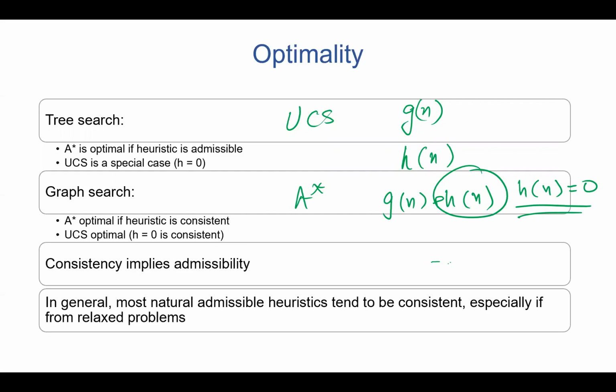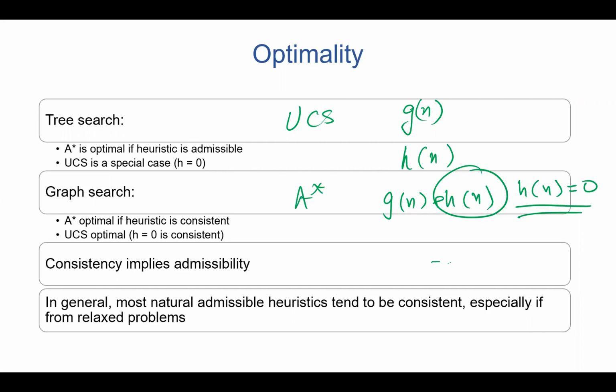Remember, A* is only optimal if the heuristic is consistent, not just admissible. Remember, consistency implies admissibility. If a heuristic is consistent, then it's also admissible. If it is admissible, it does not mean that it is also consistent.